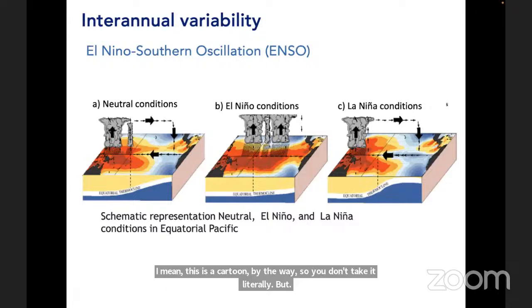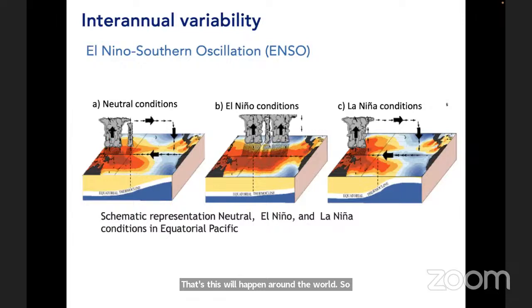So this will have what we call a ripple effect around the globe, especially within the tropics, and even the extra-tropics. It will change the rainfall and temperature patterns around the world. La Nina is the opposite. Now you can see during La Nina, it's even colder than the neutral.